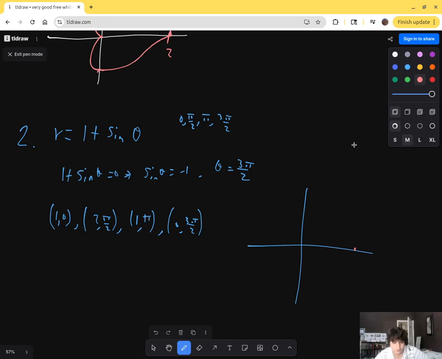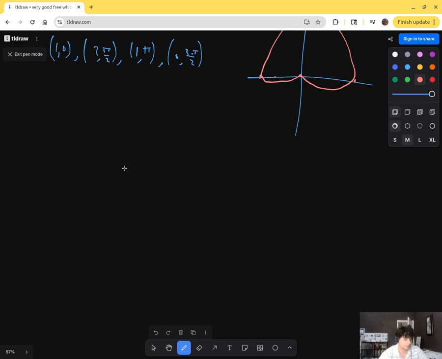Anyway, so we have 1, 0, 2 pi over 2, so that's a little bit higher here. 1, pi is supposed to be equidistant as this one. 0, 3 pi over 2, right there. So now it goes like this. Perfect.